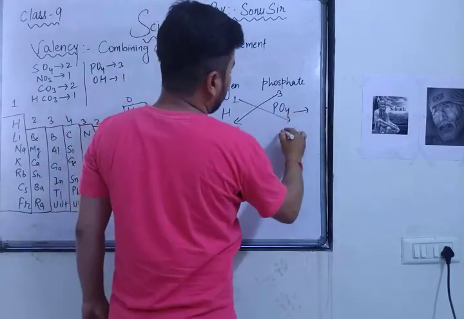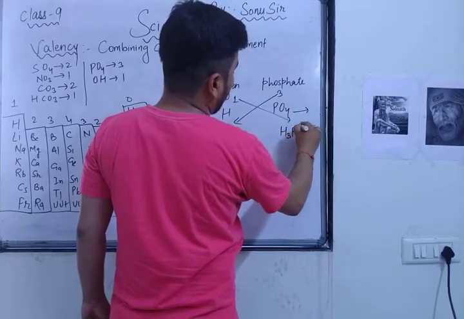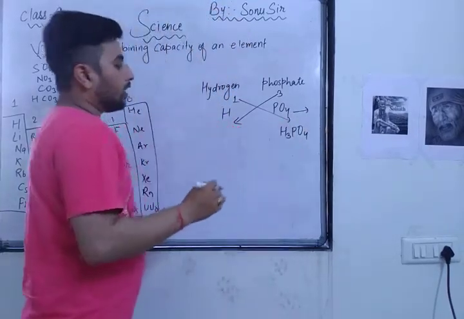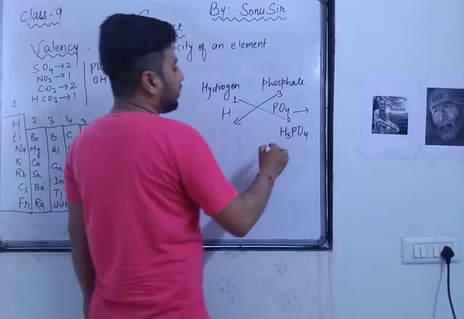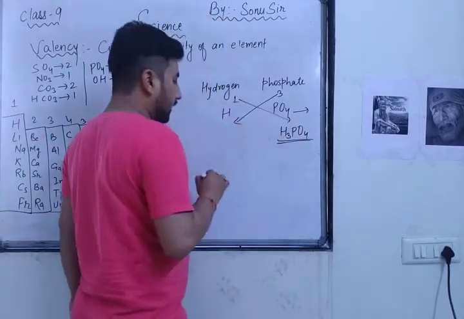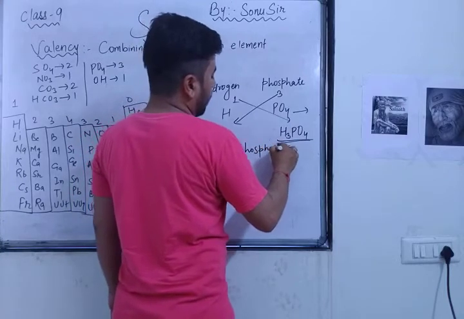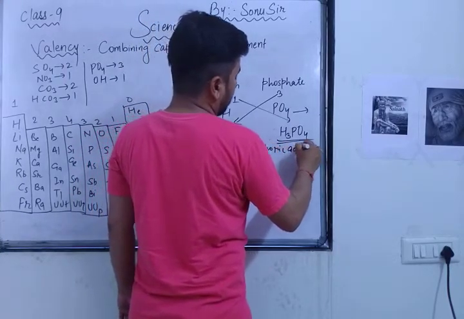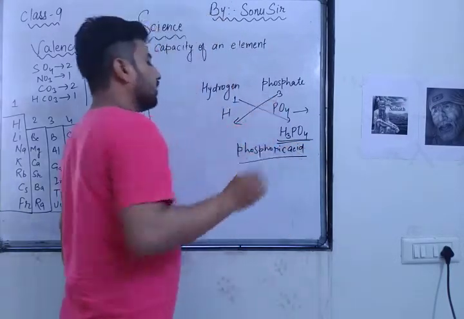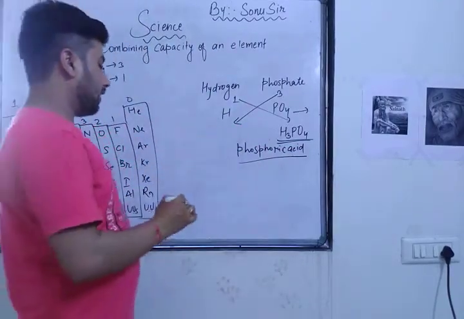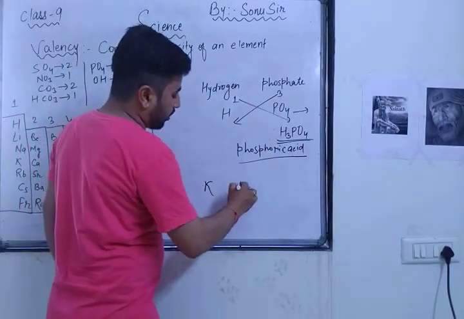What will be the compound? H3PO4(1). Generally we do not write 1. So H3PO4. The general name of this compound is phosphoric acid. Got it?